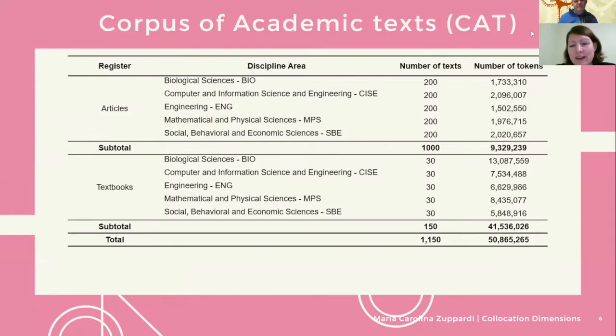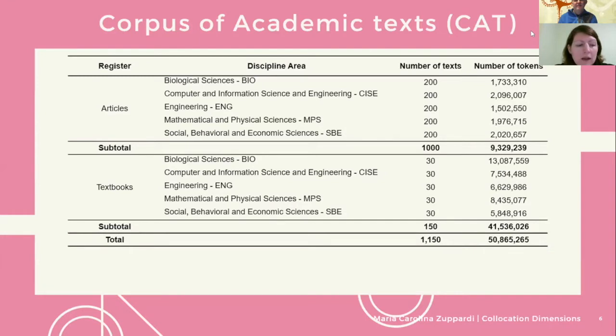Very inspiring name. I collected journal articles and college-level textbooks to represent written academic language, and I chose 5 discipline areas according to the National Science Foundation. The idea when I first started this was to have a huge undertaking, and so I collected all of these.